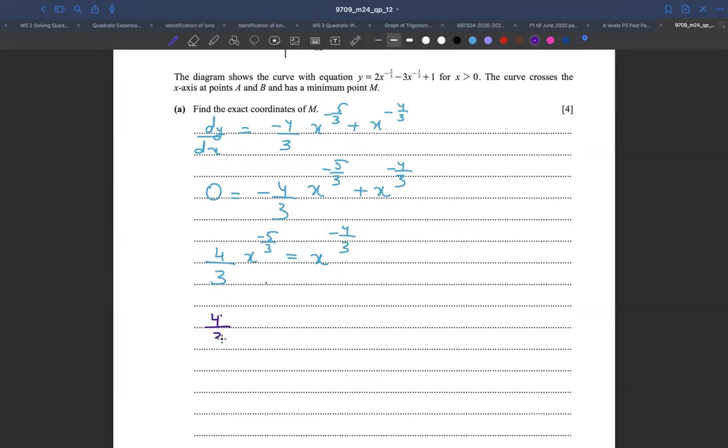To make you understand, let me bring this x over here. So this is x to the power minus 4 upon 3 divided by x to the power minus 5 upon 3. When they're dividing, the powers subtract. So this will become minus 4 plus 5 upon 3, which is 1 upon 3, right?